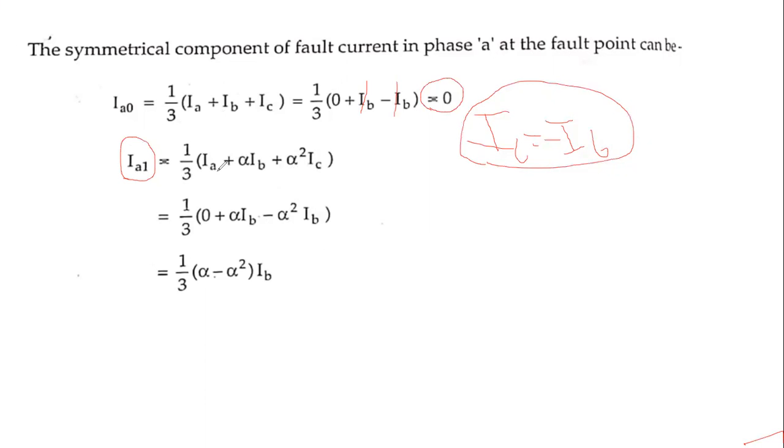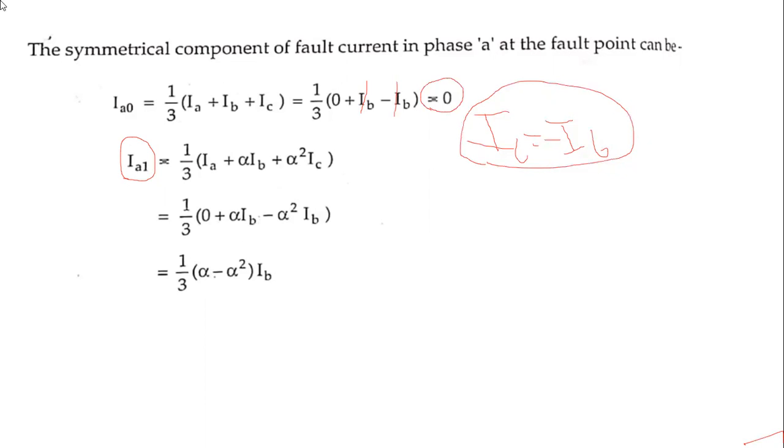Then substitute the IB and IC values in this equation. IA is equal to 0 and IC is equal to minus IB, and then taking IB common, we obtain alpha minus alpha square into IB.